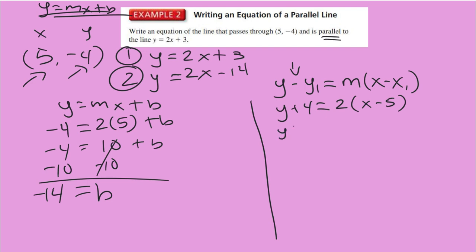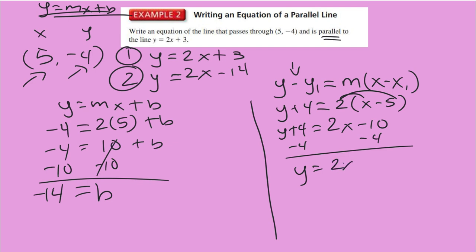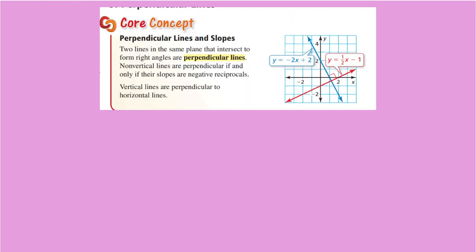Now I'm going to use the distributive property, which is 2x, and then 2 times negative 5, which gives me negative 10. I'm going to leave y alone in the format. So I'm going to subtract 4 from both sides. I'm left with y equals 2x minus 14. So if you notice, they both give you the same answer. You just decide which one you feel most comfortable with.